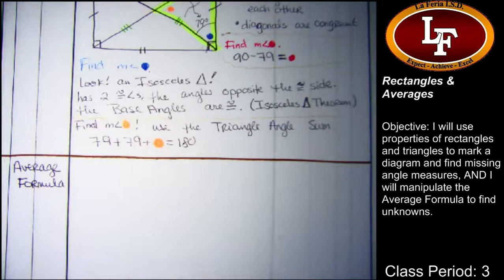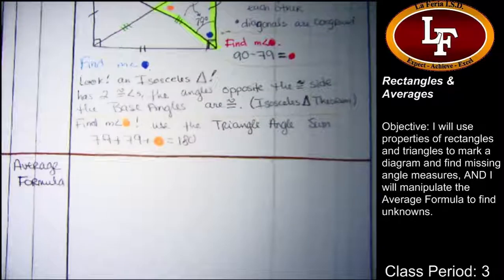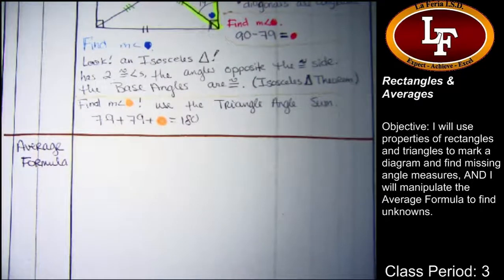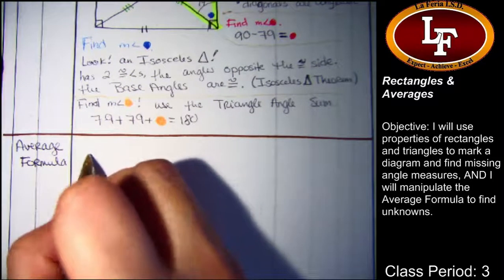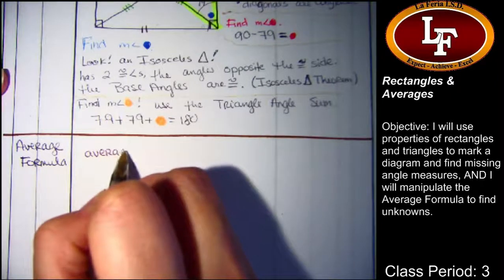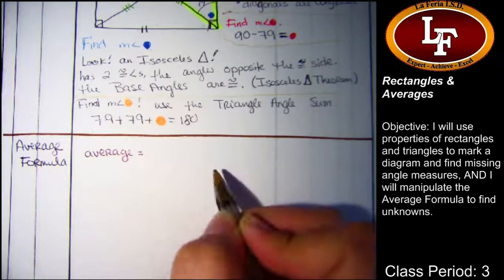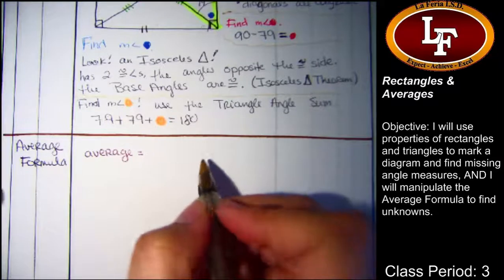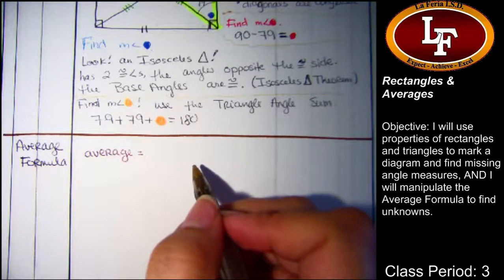All right, let's talk about the average formula really quick and how we can manipulate it in order to find some missing variables that are somewhere in the formula. So let's start off with what the formula is and what it says. How do you find the average of a group of numbers? You add them all and then divide by the amount of numbers.